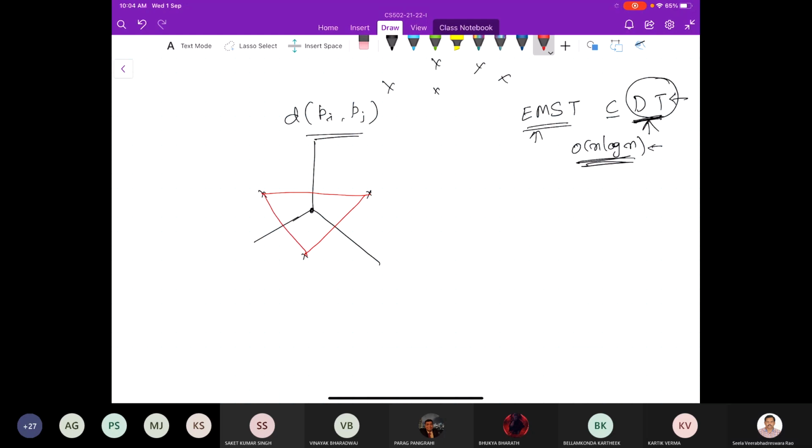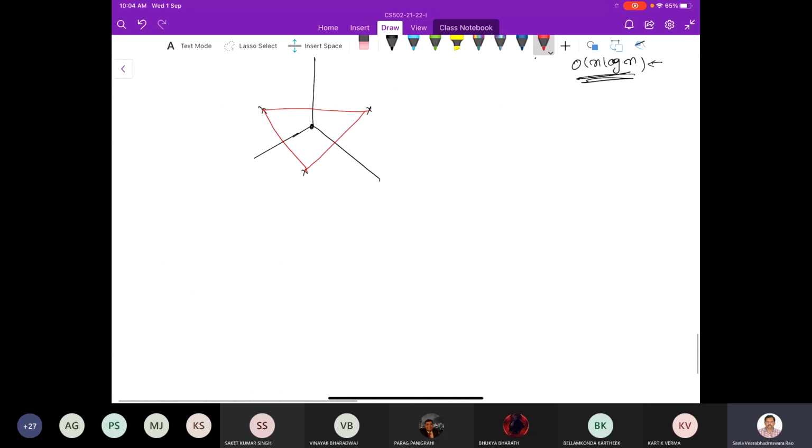Now, if you take 5 points, you will have a Voronoi diagram something like this.